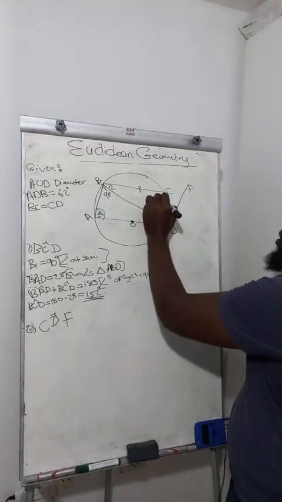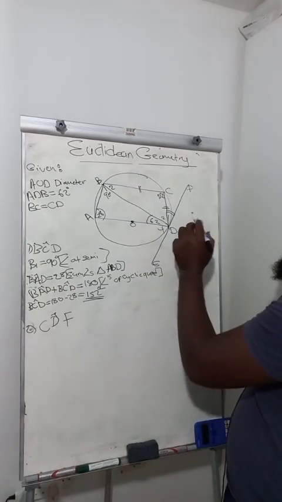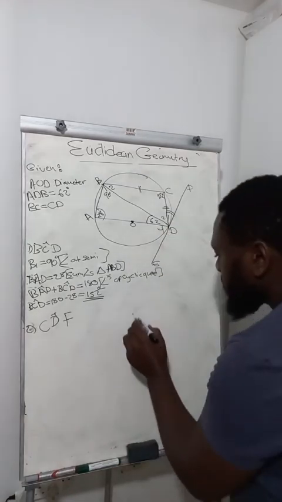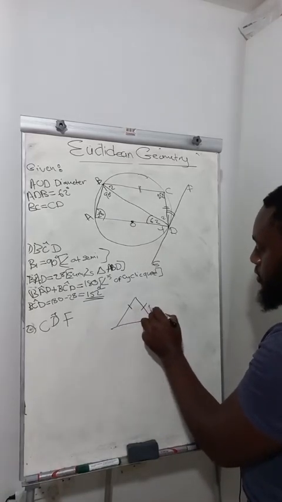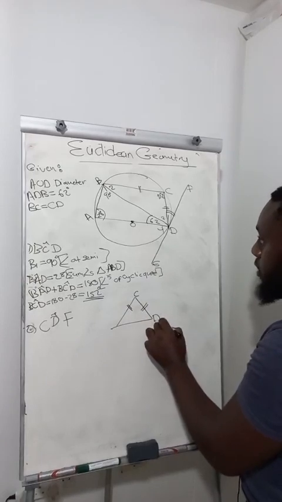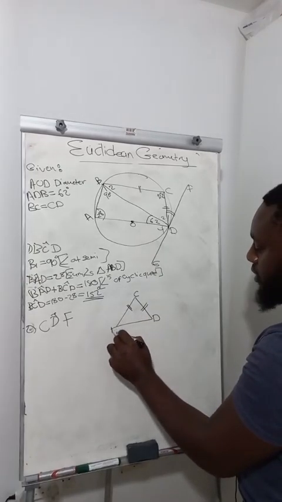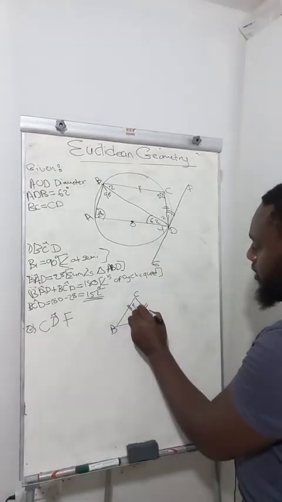Here you got it to be 152. Okay, having this triangle, this is C, this is D, and this is B. Sorry, this is 152.